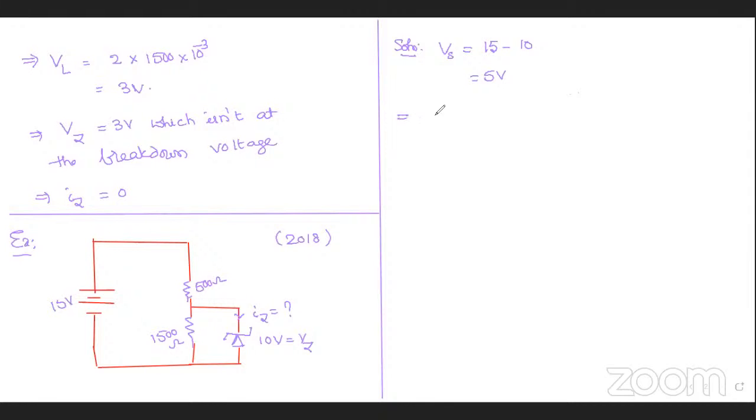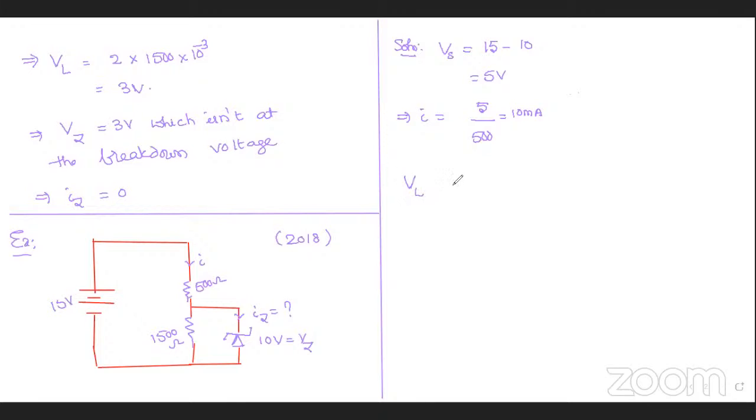Means the current through that is equal to Vs by 500, 5 by 500, which means 1 by 100, 10 milliamperes. Correct, Nana? Yes, sir. 10 milliamperes.